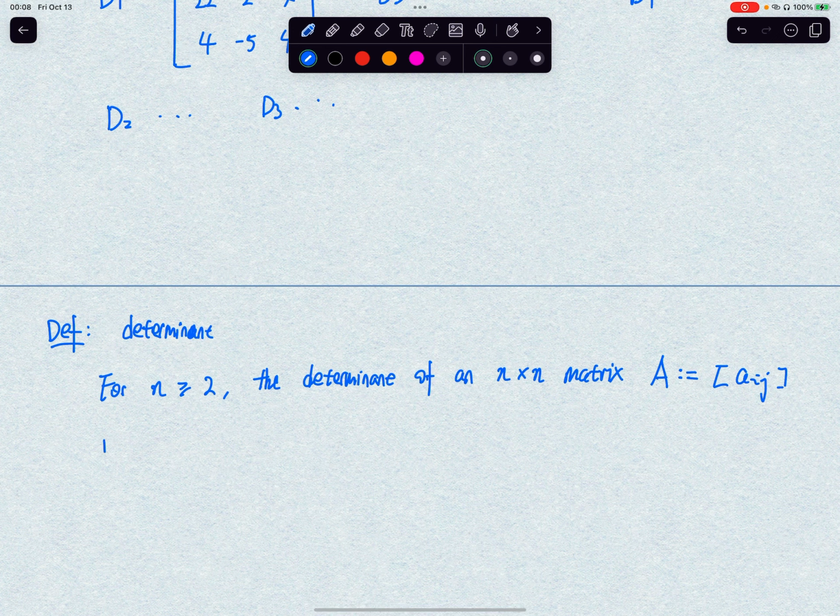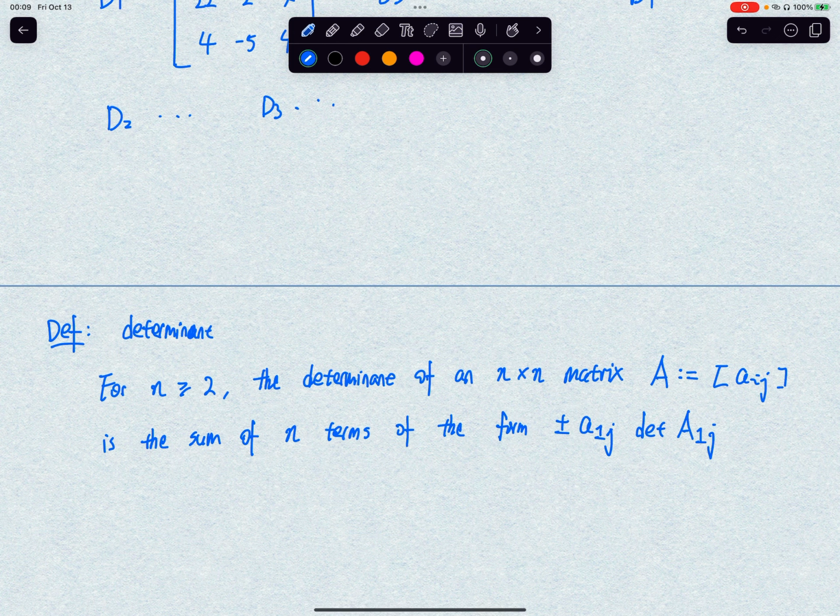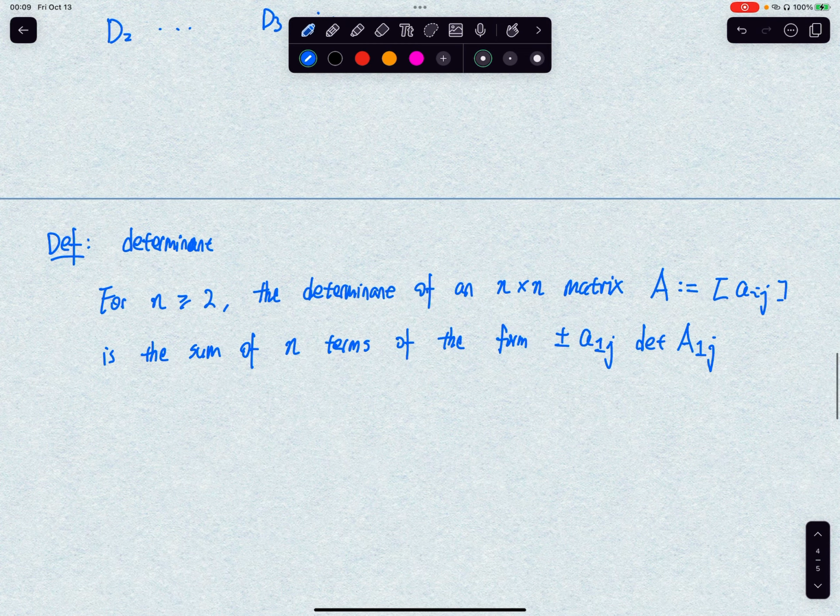So the determinant is the sum of n terms of the form plus or minus a1j times the determinant of A1j, with plus and minus signs alternating, where the entries a11, a12, up to a1n are from the first row of A. So in symbols, let us just use the strict symbols.